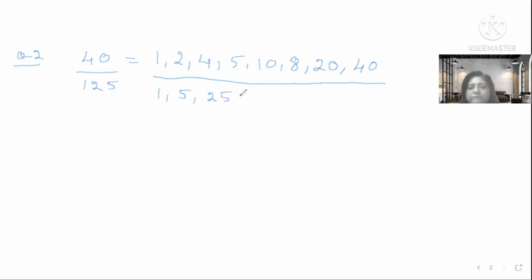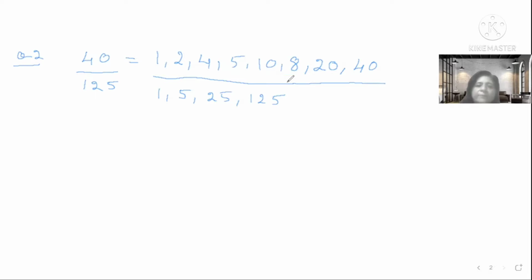And now we write down the factors of 125: 1, 5, 25, and 125.